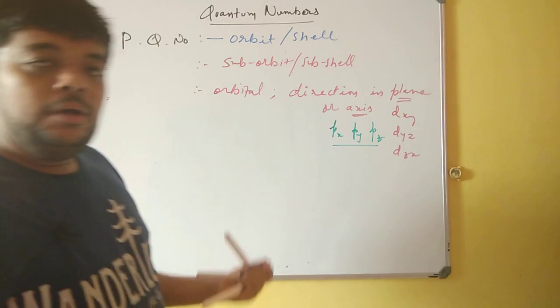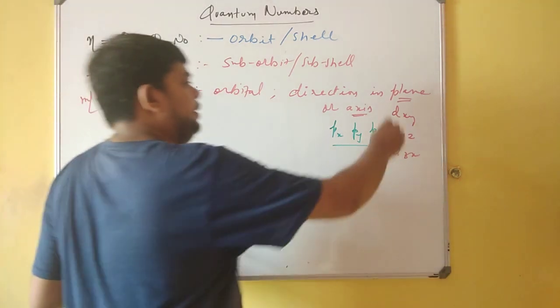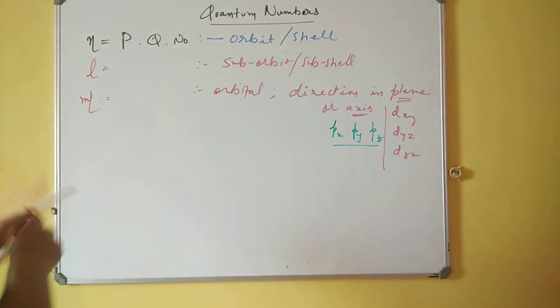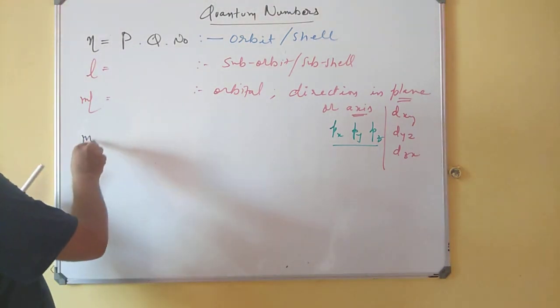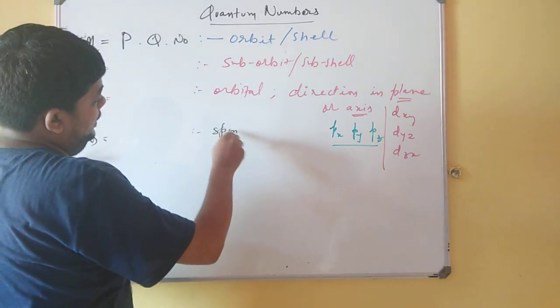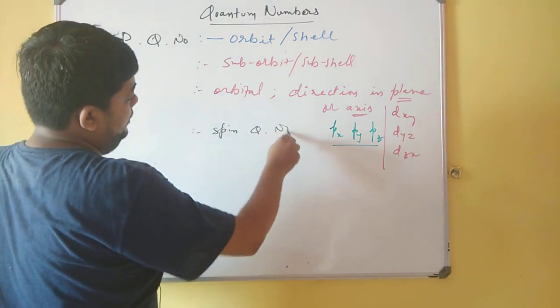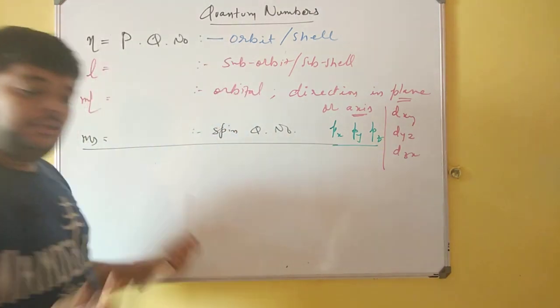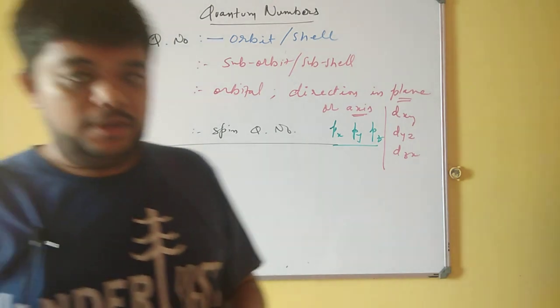The reason I have written it directly is we are quite aware of such things. And coming to ms, it is the spin quantum number, that is the spin of an electron, whether plus 1/2 or minus 1/2.